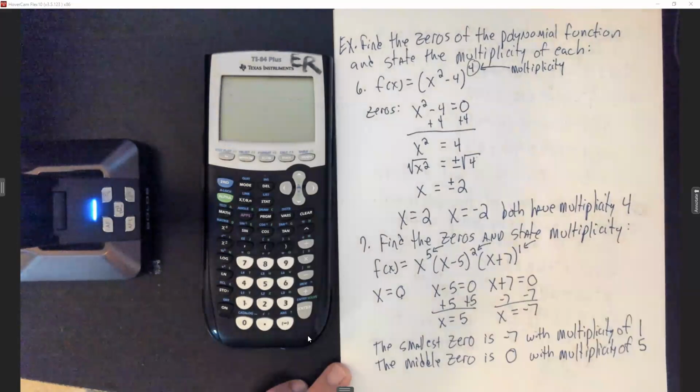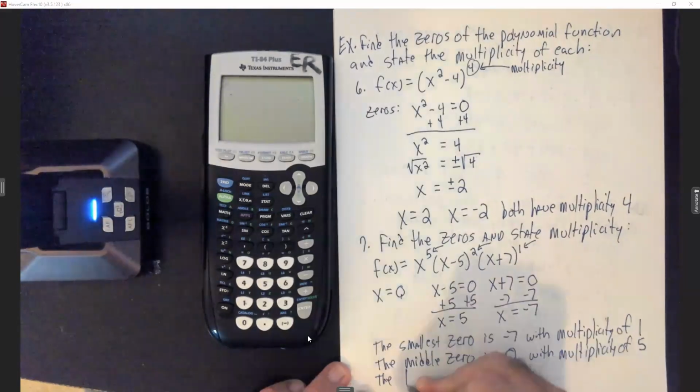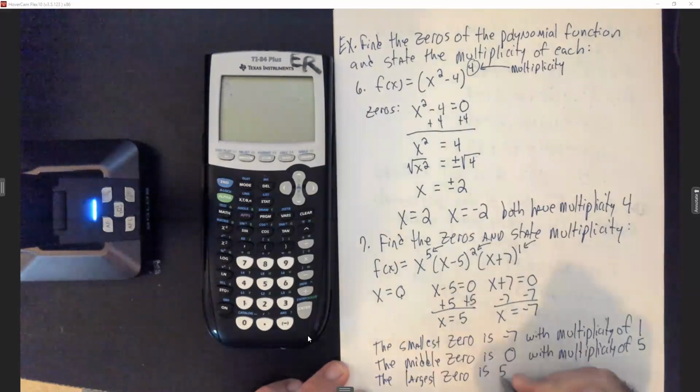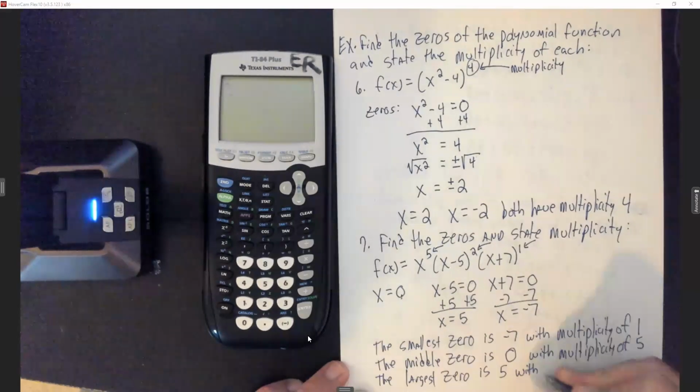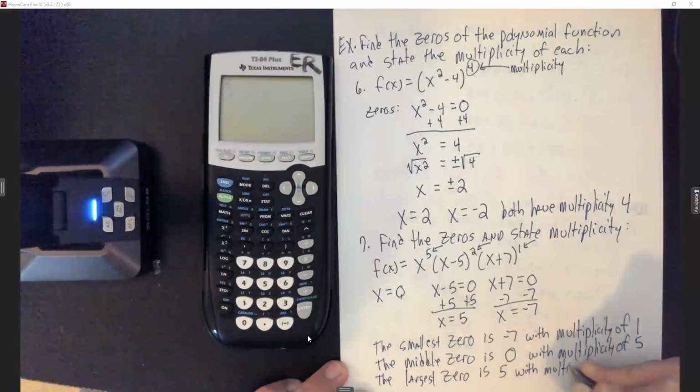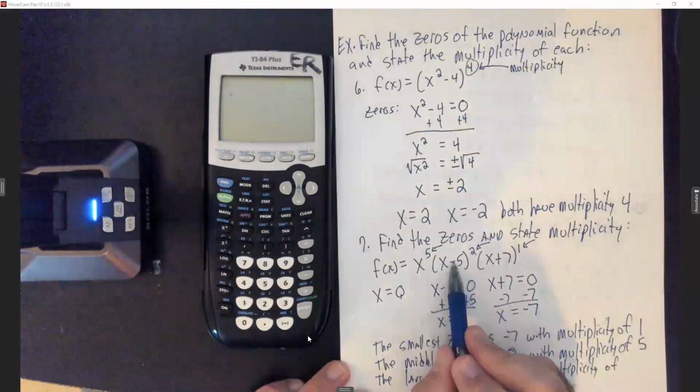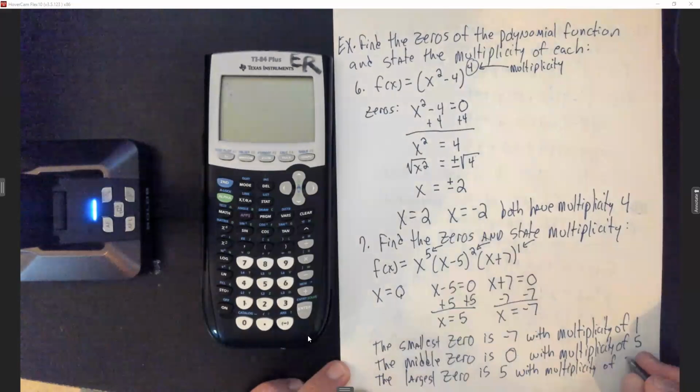And then finally, the largest 0 is, so my largest 0 was the 5, and it had a multiplicity of, so where's that exponent? 5 came from this factor. It had an exponent of 2, so it's got a multiplicity of 2.